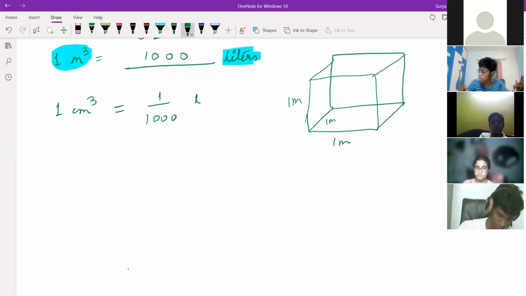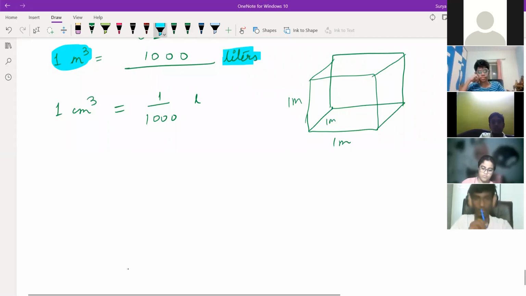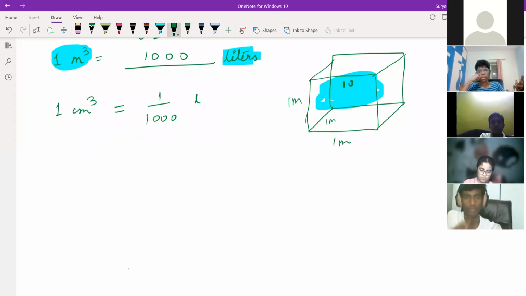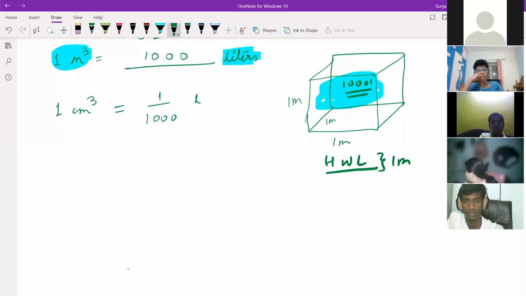So if you have a cistern like this, 1000 liters of water will come. If height, width, and length are all 1 meter, then you have 1000 liters of water.